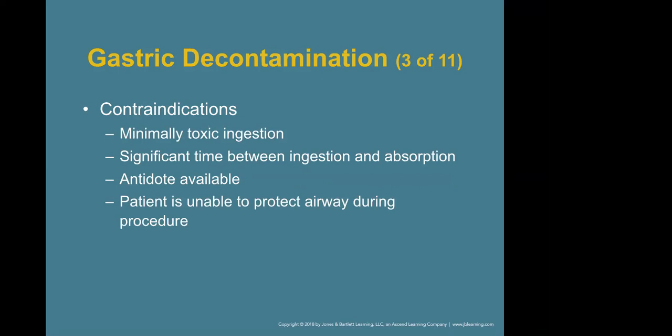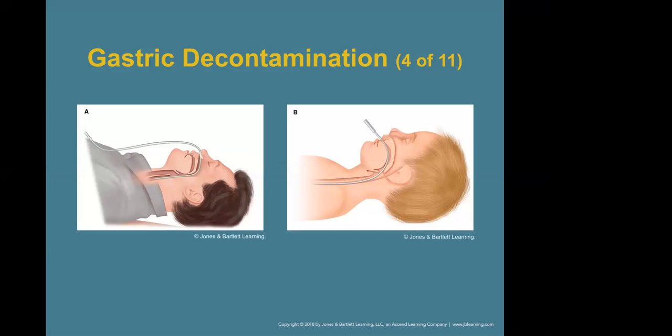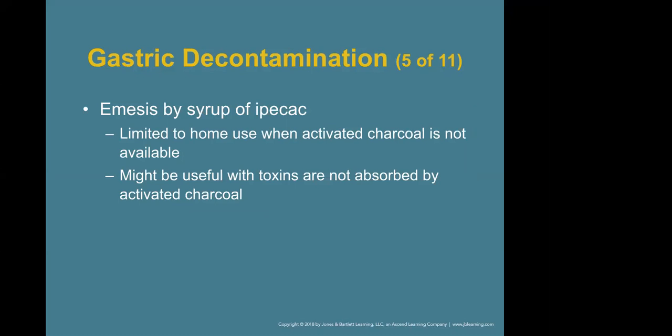If you don't have a clear time as to when the ingestion actually occurred, or if there's a reasonable antidote available, or if your patient can't protect their own airway. There's the NG and the OG tubes that are available. And take note that the second patient is a pediatric patient, because this happens in kids more than anything, is getting something in their system.